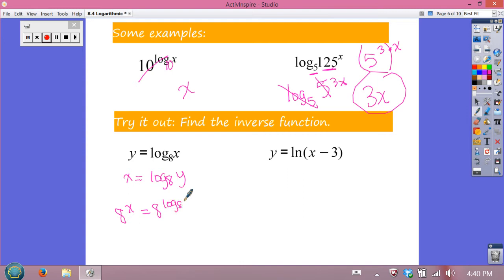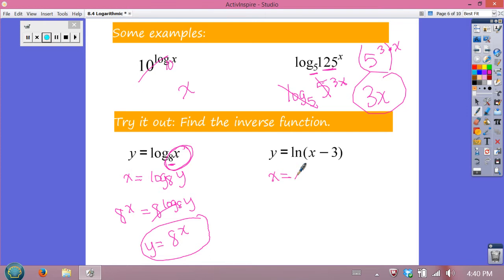Log base 8 of y. These two are inverses of each other. They cancel, so we're just left with y equals 8 to the x. Notice what I said earlier, if you were to just look at the definition, this is our b to the x. So if it's something simple like this, you can just notice right away that that's our inverse function, 8 to the x power.